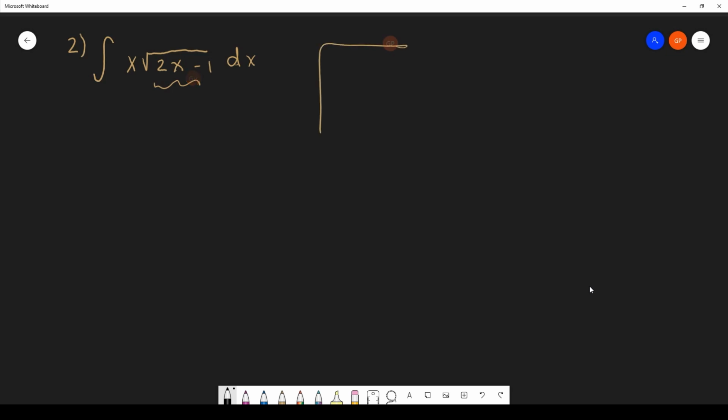I'm going to do that on the side really quickly. u is equal to 2x minus 1, and du is going to be equal to 2 dx. So now we can make a substitution for the root of 2x minus 1, but we can't really get du because we still have the x left, which will make it much more difficult to integrate.